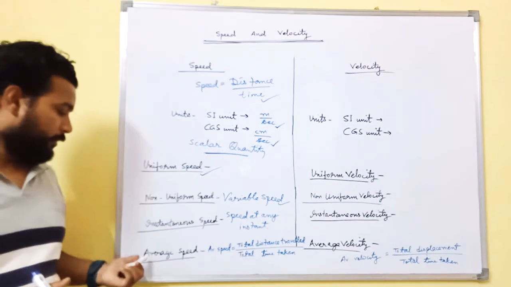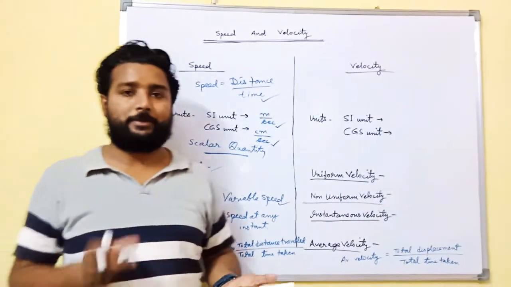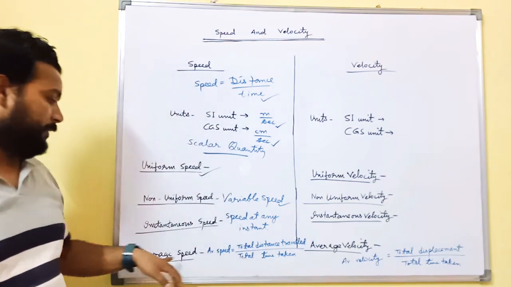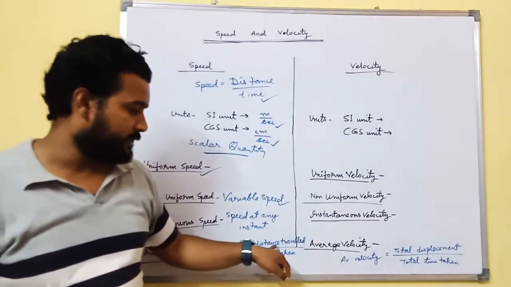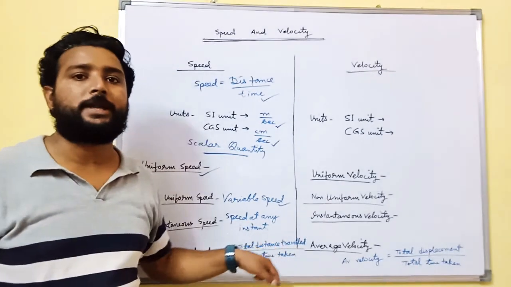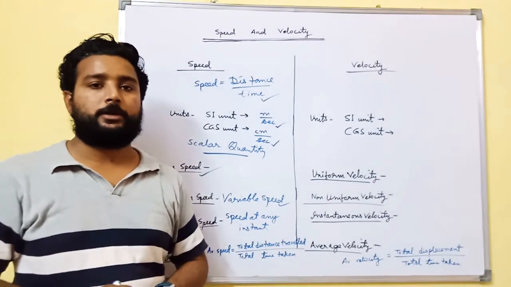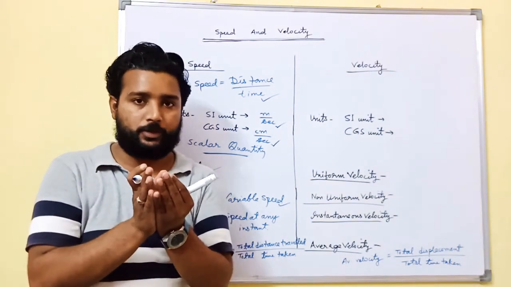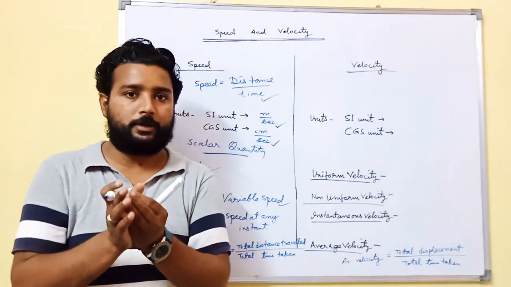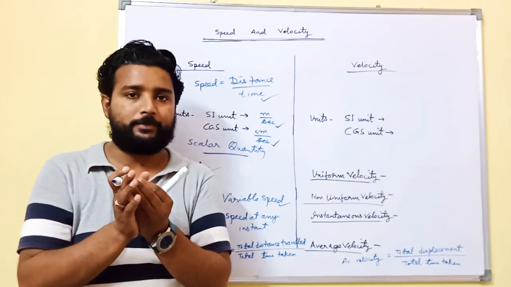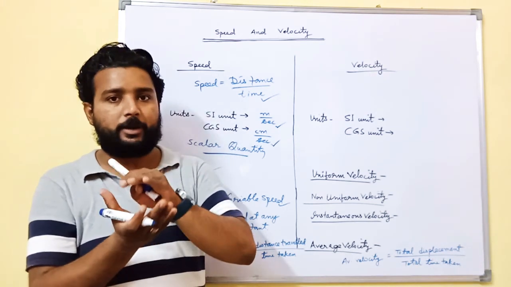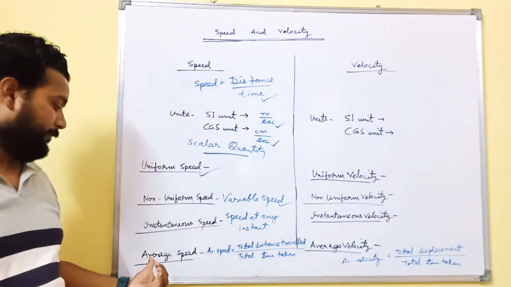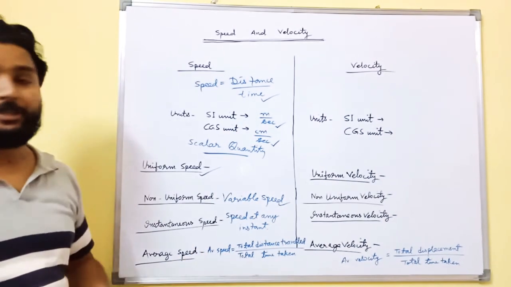Now, what is average speed? Average means mean. So average speed is the ratio of total distance traveled by the body to total time taken by the body. If a body covers some distances in a particular interval of time, then total distance traveled divided by total time taken gives average speed.